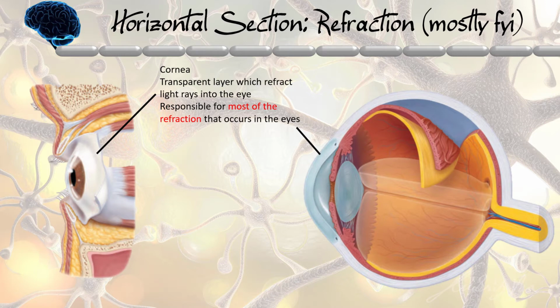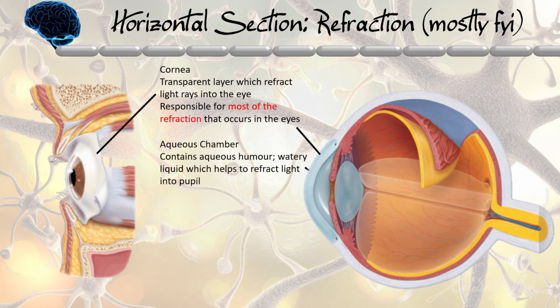Next is mostly for your information as well. The cornea is a transparent layer that refracts light into the eyes. It is responsible for most of the refraction that occurs in the eyes. You can see a layer in front of the eyes in the cross-sectional diagram.